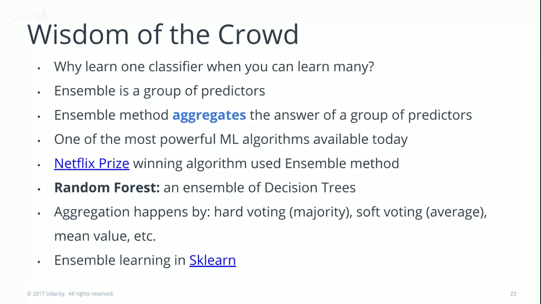You can use soft voting. You can use the mean value from how the decisions are reached from all of them. There are many ways which you can handle the aggregation itself. And ensemble learning, like the rest of these methods, is available within the sklearn library.